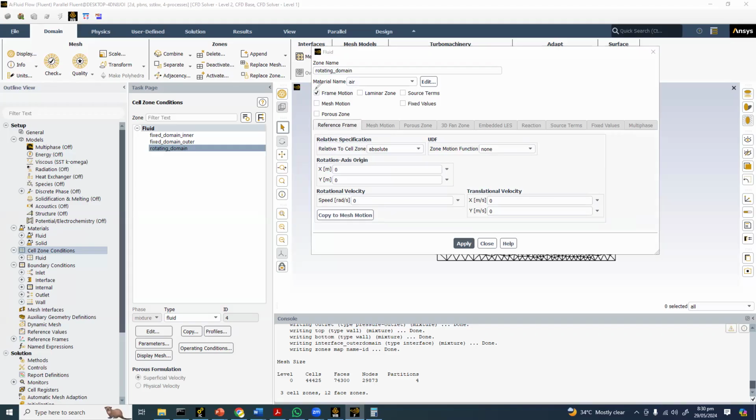The frame motion is actually a fixed position in time and space. I'm not saying that we cannot run the transient simulation, but at that time the flow is frozen there.